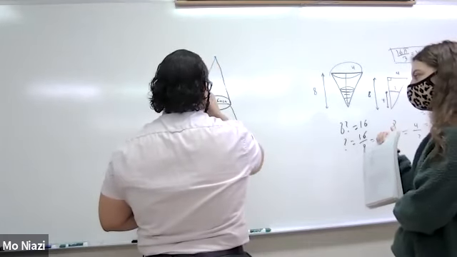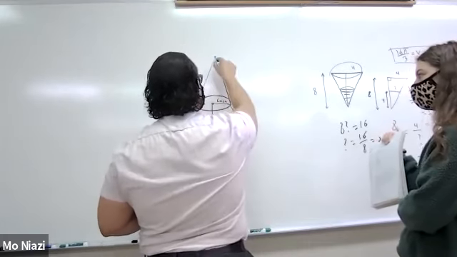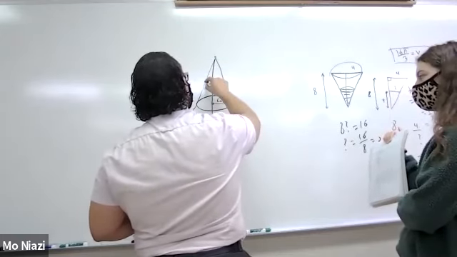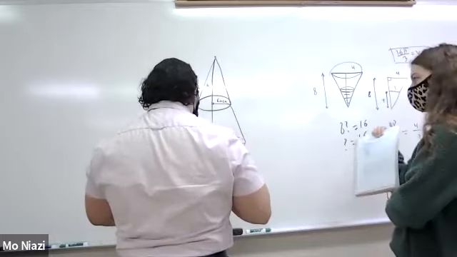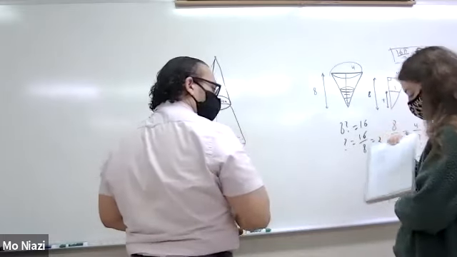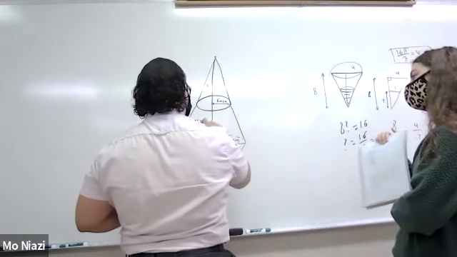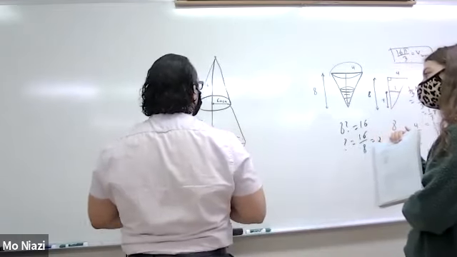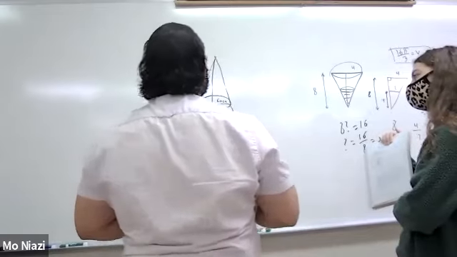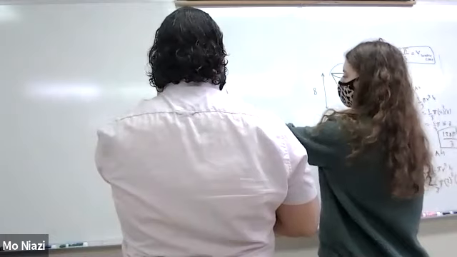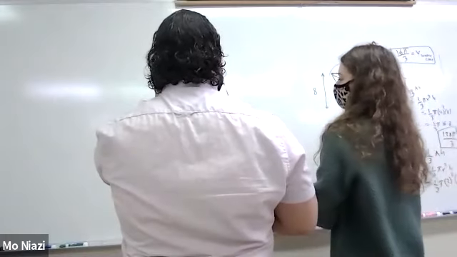Okay. So now we have this thing right here, but we don't know how high this is, this blue H. But do we know how high the black H is? 40 centimeters. Yeah. Okay. Could you do this like 100 over 60 and then this over 5?